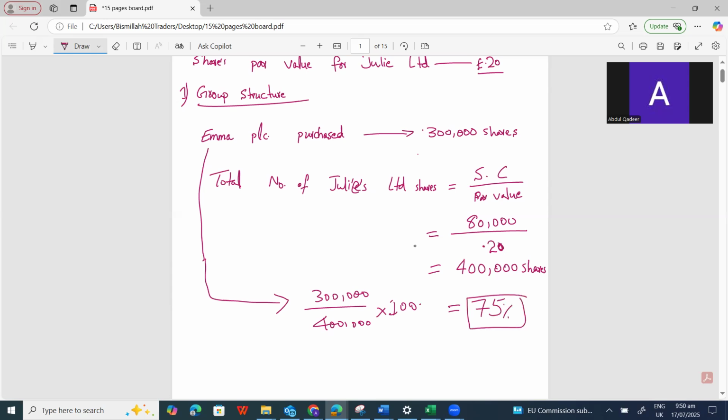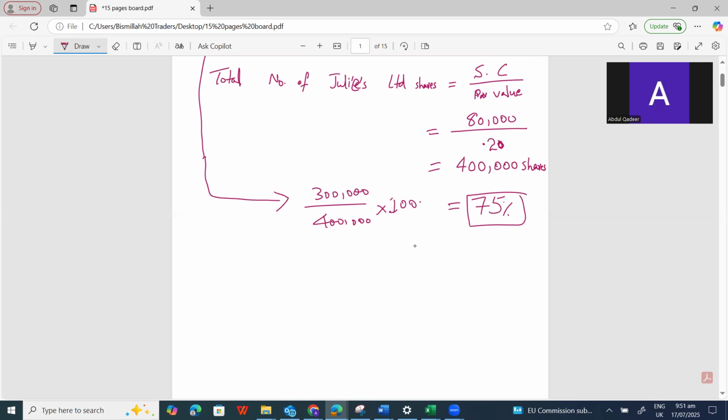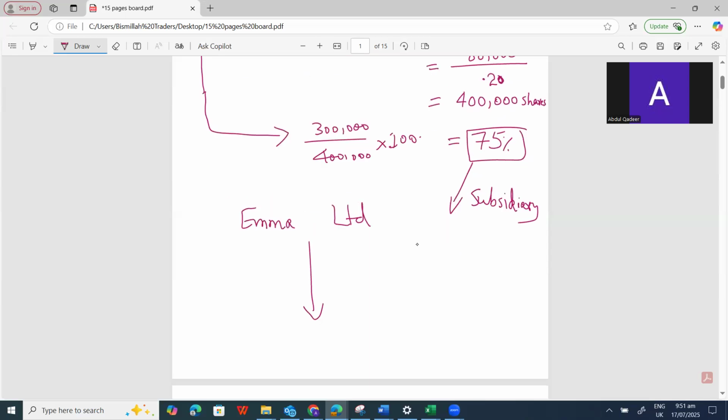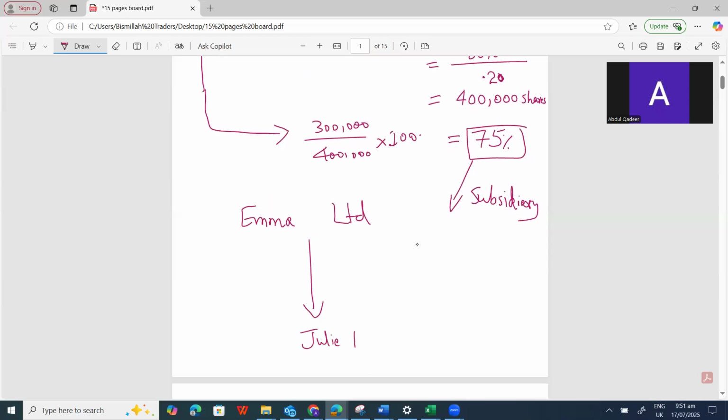So we now know that if a company purchases 50% or more of the shares, it will be treated as a subsidiary. So in this case, for parent Emma Limited, Julie Limited is a subsidiary. It's clear right now.